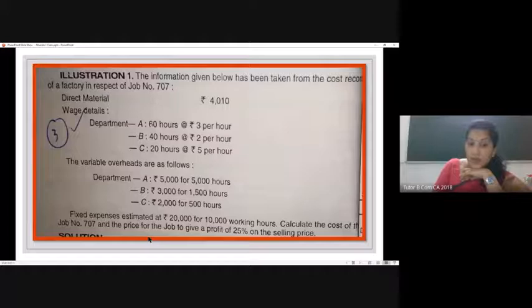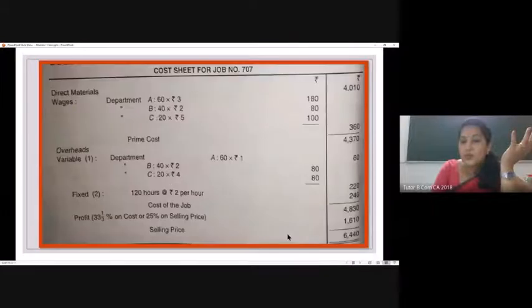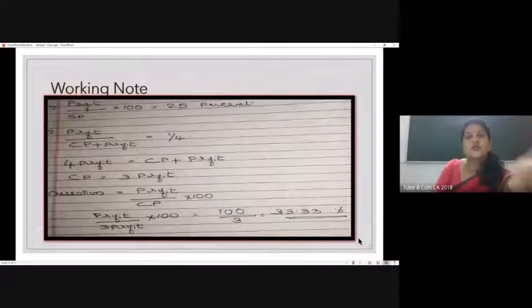See, the price for the job is to give a profit of 25% on selling price. So when we compute 25% on selling price, it's very easy for us. But unfortunately, in this question, we have computed only the cost factor. Now we need to find out what this percentage would be when it is computed on cost. Right? So that's what we are doing here through this formula.